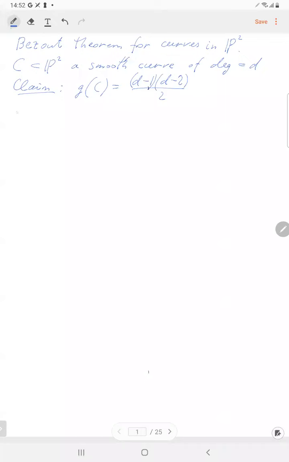Okay, and the proof is immediate because we have the ideal sheaf of C embedding into the structure sheaf of the projective plane, and the quotient is the structure sheaf of our curve. But this ideal sheaf is generated by this single polynomial of degree d.